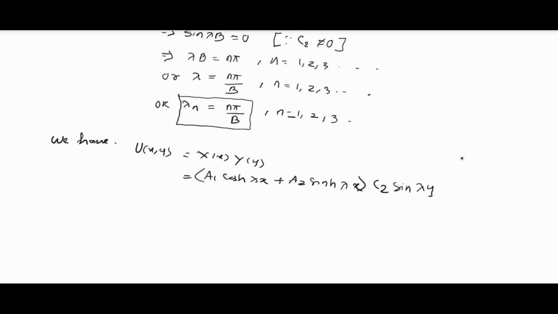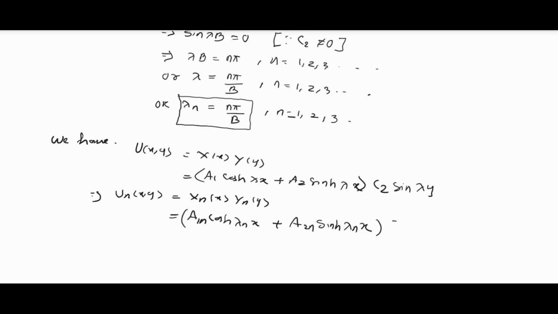Because we have obtained a general solution here, in generalized form we can write u n of x comma y as X n of x times Y n of y, that is equal to a1n cosh lambda n x plus a2n sinh lambda n x, whole into c2n sin lambda n y.